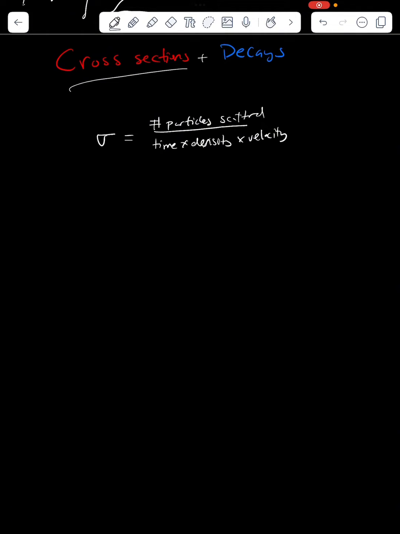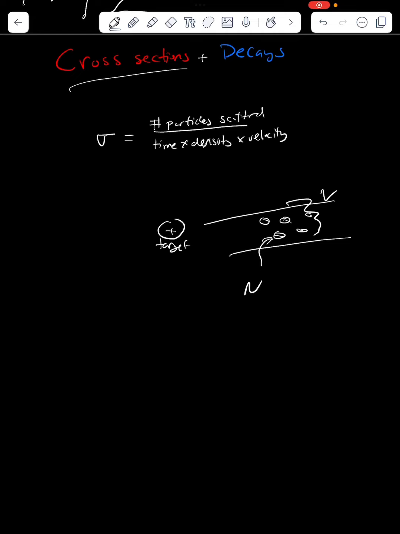So what this flux means exactly is, if you have a beam of particles and you're shooting them at a central target, so here you have a target, it's looking at the number of particles in that flux and the volume that they actually encompass.